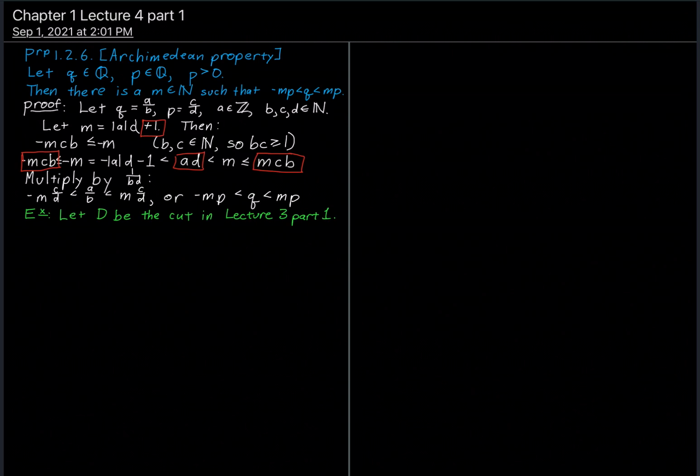And then D squared equals 2, which, remember, we're saying we identify the rational number Q with the cut that's the set of all rational numbers Q such that Q is less than 2. And here is how we are going to prove this.